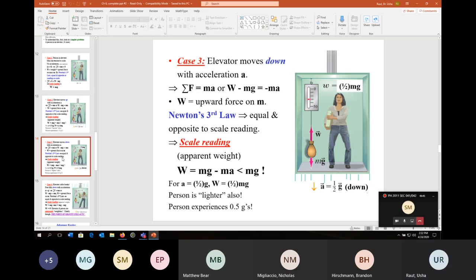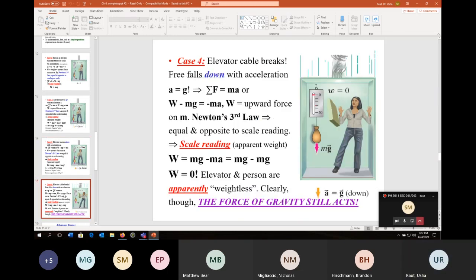Okay, so the last case we're going to see is free fall. What happens if the elevator cable breaks and everything's free falling? In that case there's just gravity acting.